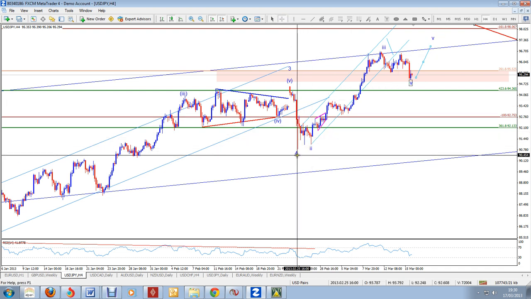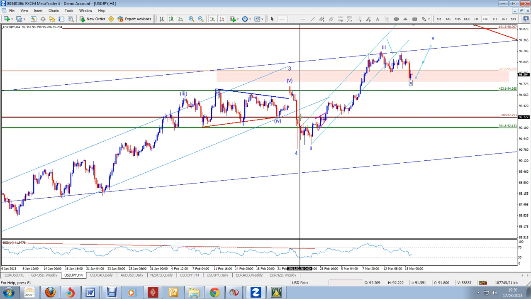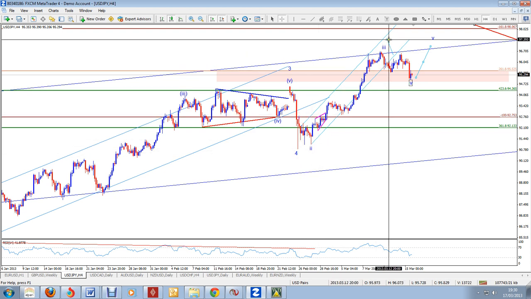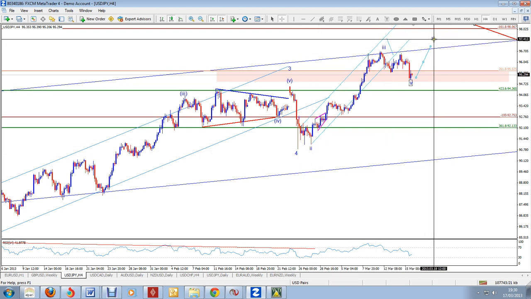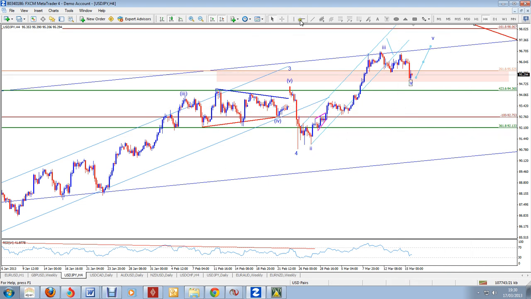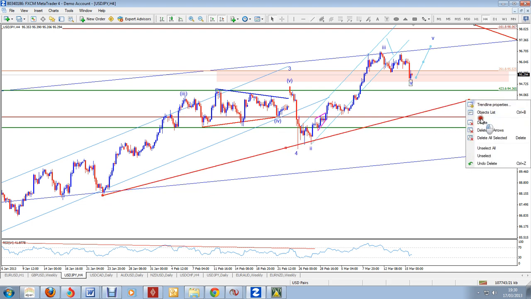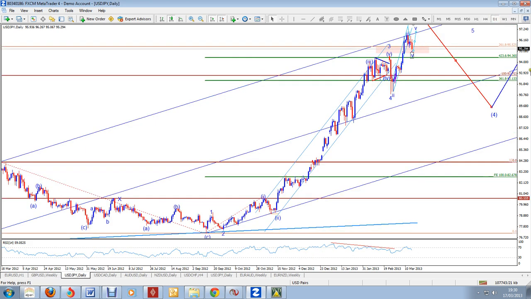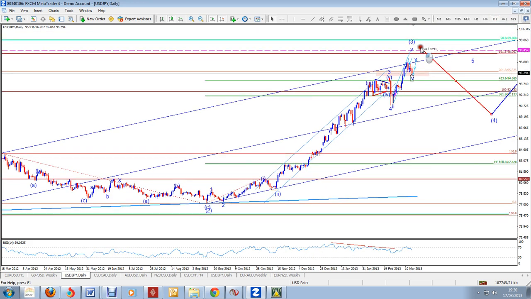But if it starts from there, which we said was a 4, then we've got 1 and 2, then this one here will be 3, 4, and 5. So in other words, for the yen currency pair, we've still got a way to go before we reach completion of the cycle. And I think that cycle will complete along with the dollar topping out around 84.